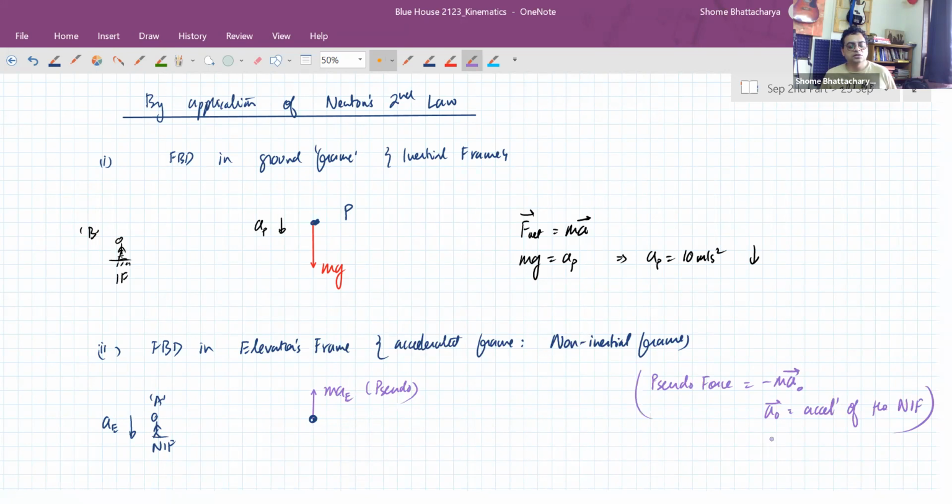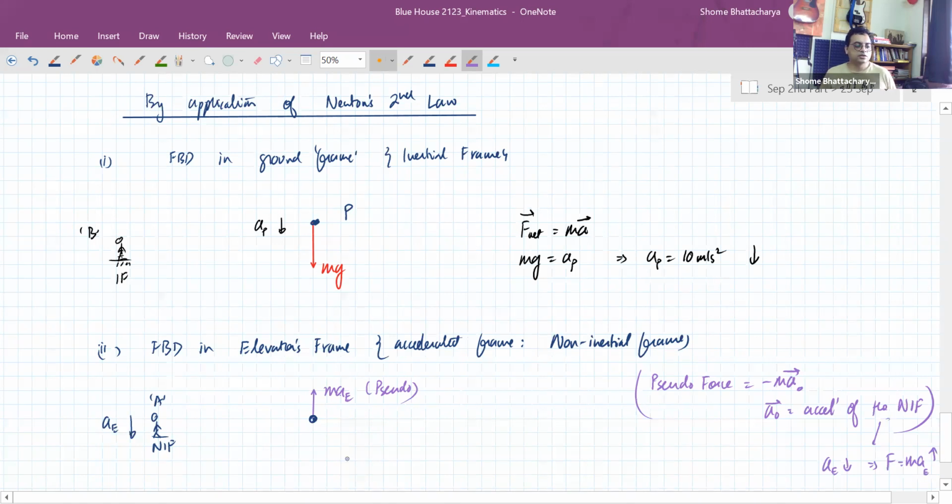So here is AE downwards. So pseudo force is MAE upwards. So that's how this is done.